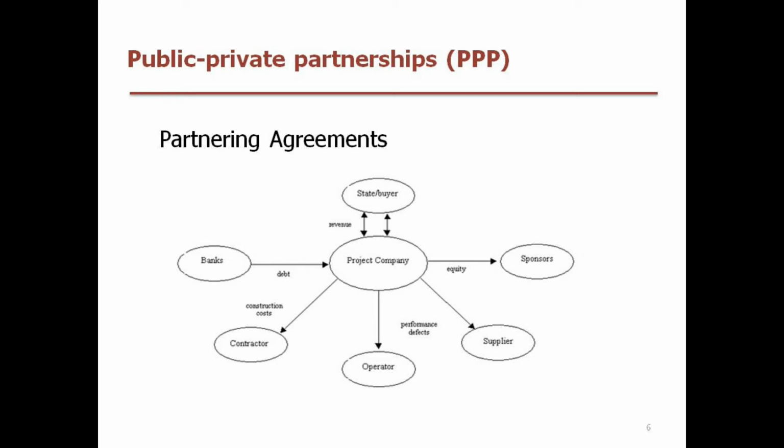It hasn't really been tested by time, and the way it's been looked at is as a win-win arrangement. The public sector sees it as a whole life approach to not just the asset but the whole service delivery, and this makes it a highly attractive way of delivering a project.